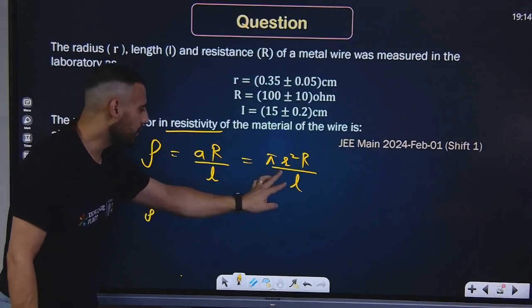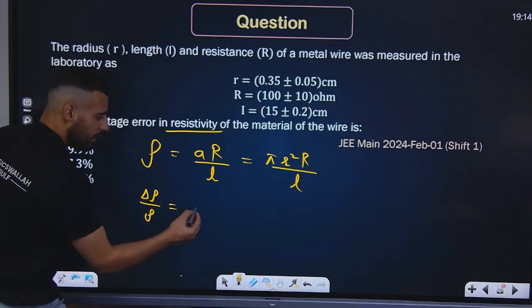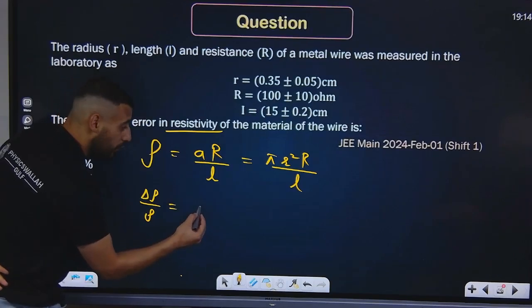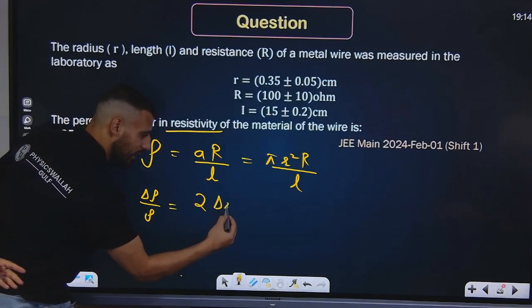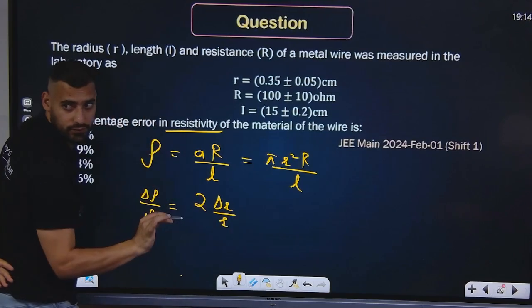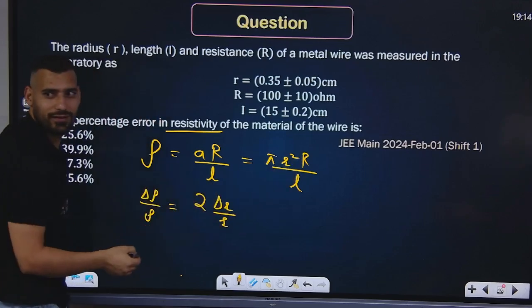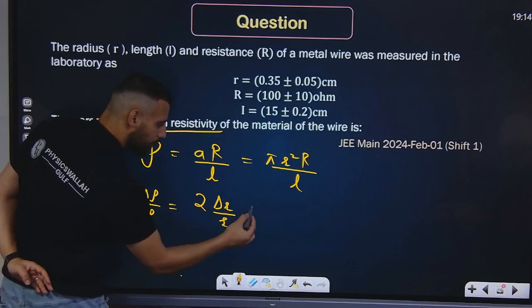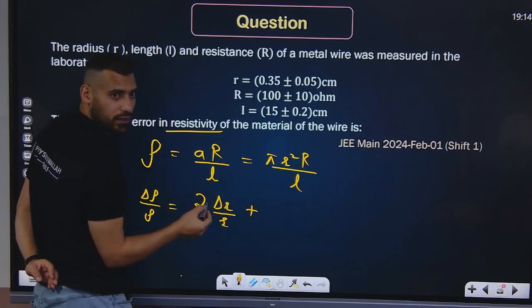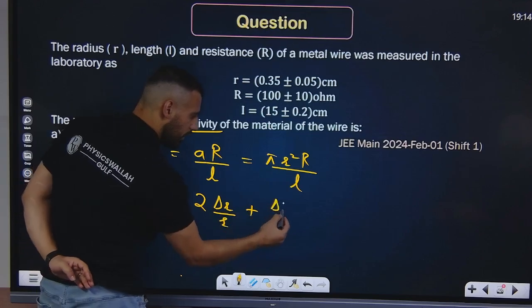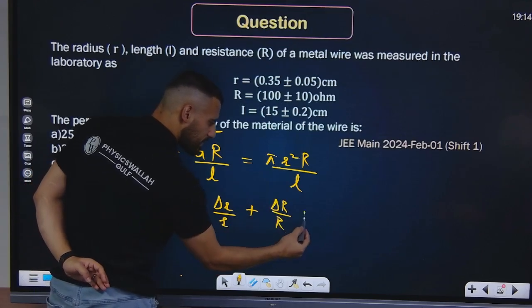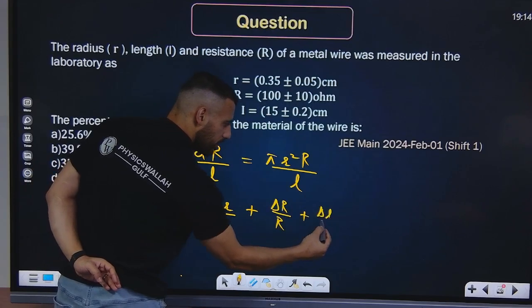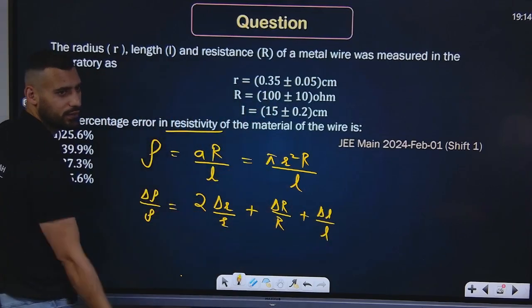Do we have any error in r? Then what will be the formula? 2 times delta r by r, understood? Plus, what about capital R? Delta R by R, plus delta L by L. Can you just put the values and get me the result?